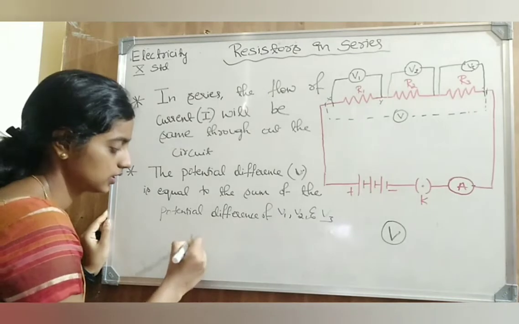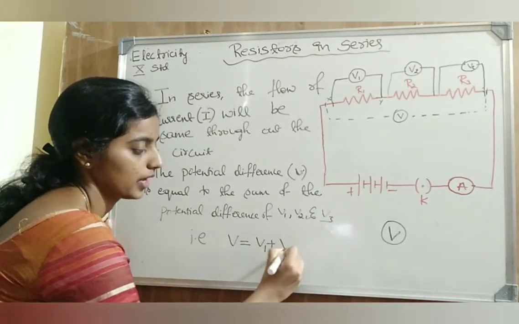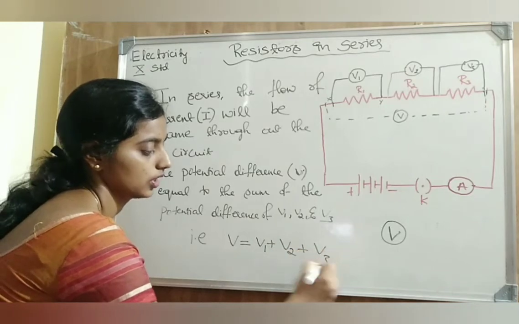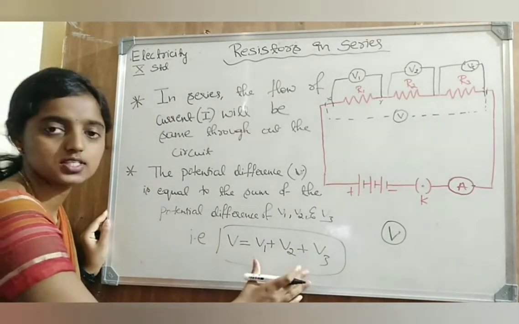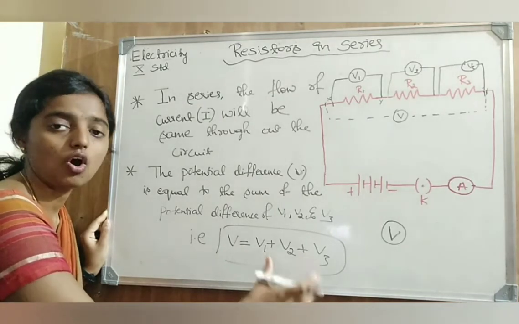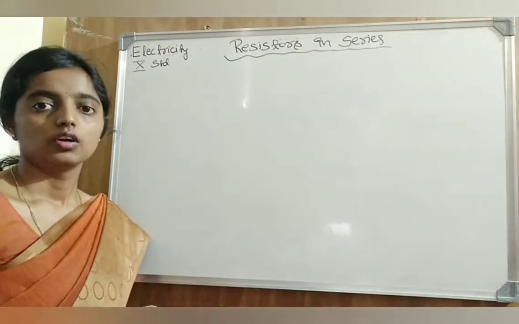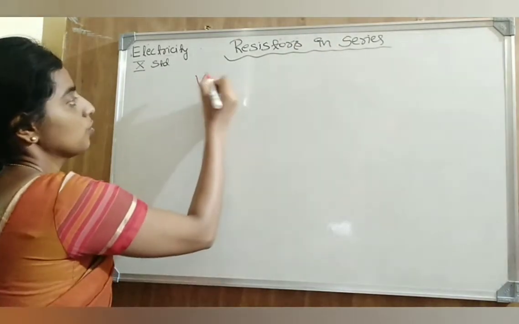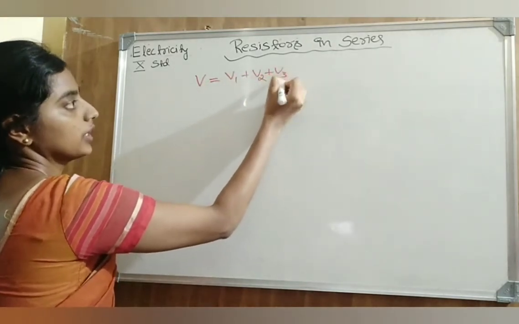Now this statement we can write as V is equal to V1 plus V2 plus V3, right? Now using this equation, we'll try to derive a formula for resistors in series. We know that V is equal to V1 plus V2 plus V3.